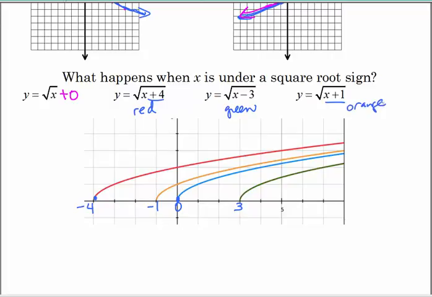Now because there's a square root, when we choose values of x, we have to be very careful. We cannot have the square root of negative numbers. All right, so let's look at this blue graph right here. The reason why it's halfway is because what can x be? x can be 0, 1, 2, but notice x cannot be any negative numbers.